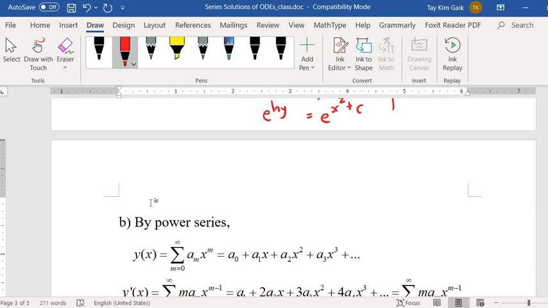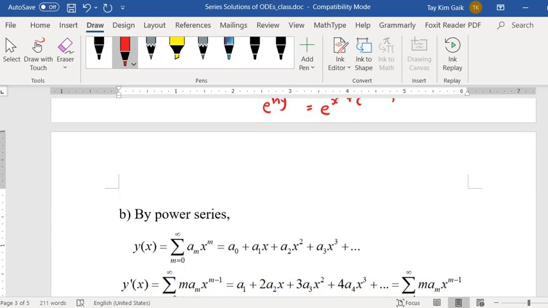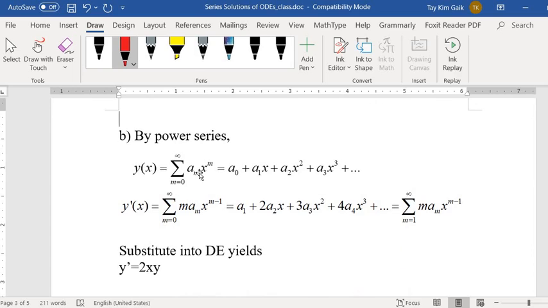So by power series, we assume y is a naught plus a1 x plus a2 x squared plus a3 x cubed, and so on. Because we have only y prime, we differentiate it. We have a1, 2a2 x, 3a3 x squared. If you have a4 x to the power 4, then 4a4 x cubed, and so on.